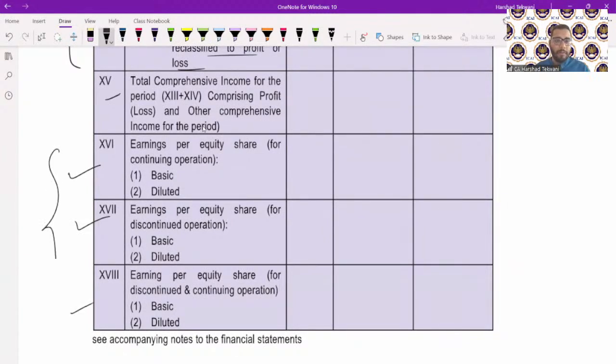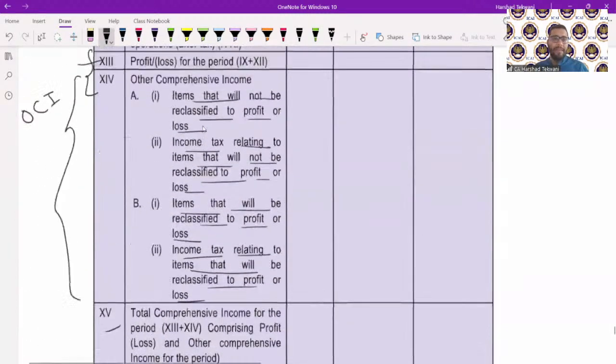So this is again different than division 1. In division 1 we were only showing 1 EPS. Now we are showing 3 EPS: continuing, discontinued, and total. This is different from division 1.